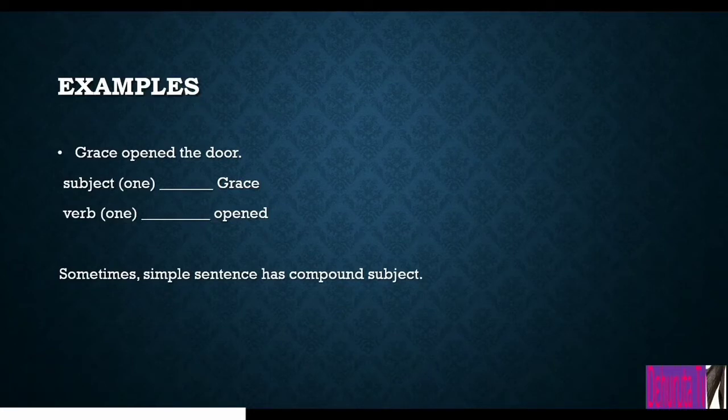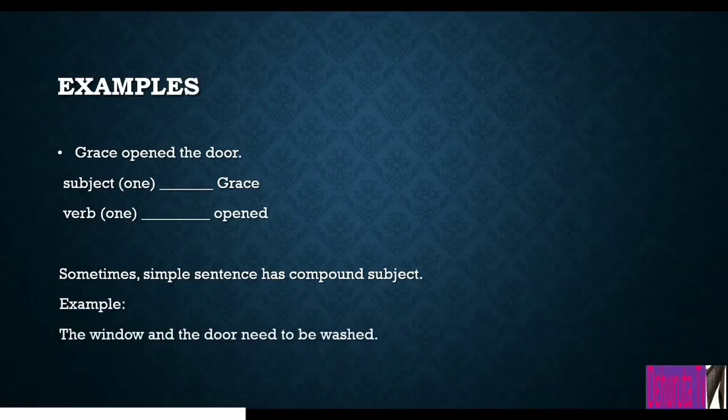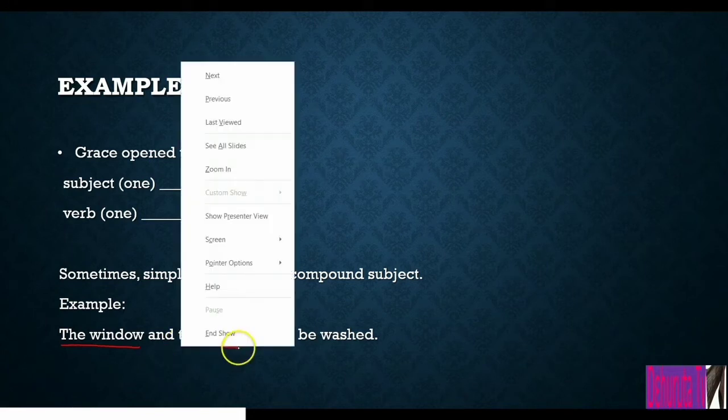Sometimes a simple sentence has a compound subject. Let's look at it. Example: The window and the door need to be washed. So here our subject is window, and there is another subject here, that is door.